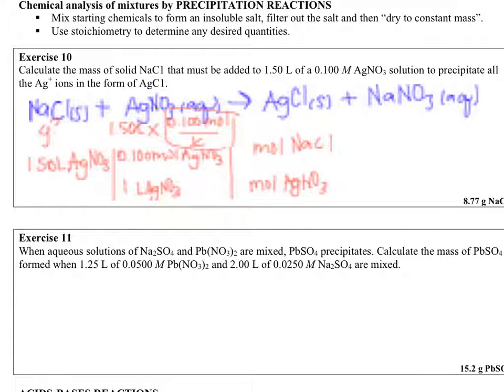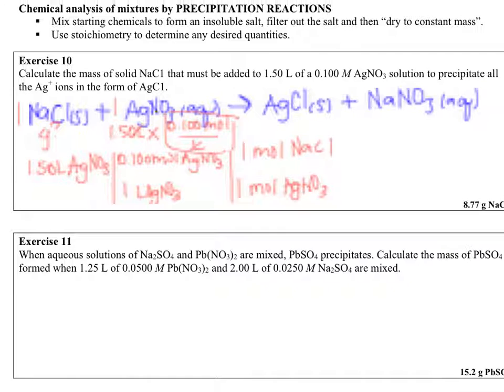And it looks like I have a 1-to-1 ratio for every 1. And last but not least, this particular question asks me for mass of sodium chloride. So I need to get rid of this mole of sodium chloride and convert that to grams of sodium chloride.